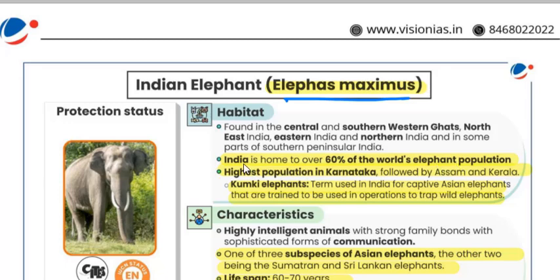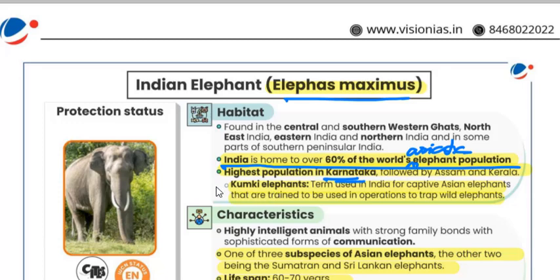This is not a correct statement, absolutely not correct. Actually, India is home to over 60% of the world's Asian elephant population. The highest population is, of course as we have seen, in Karnataka, followed by Assam and Kerala.